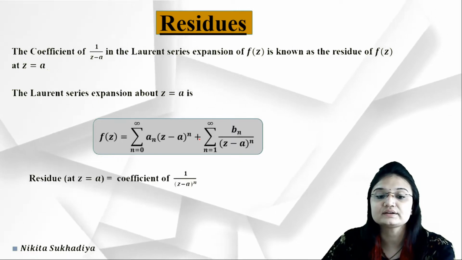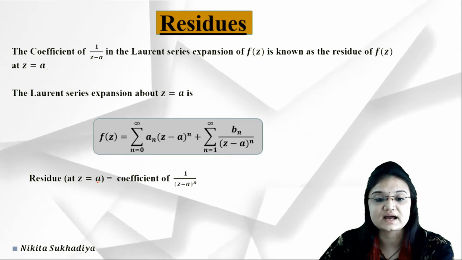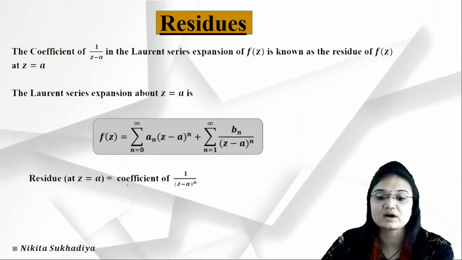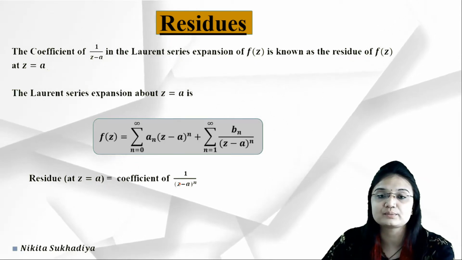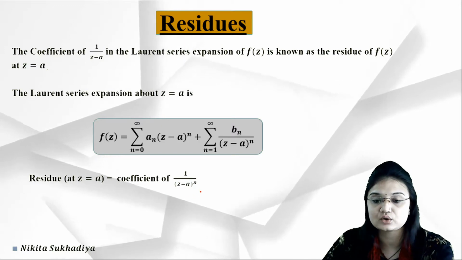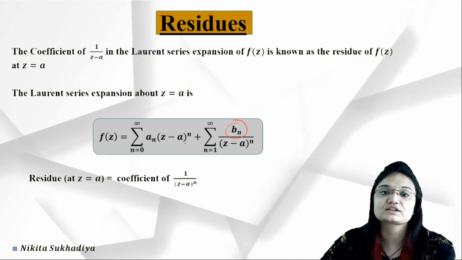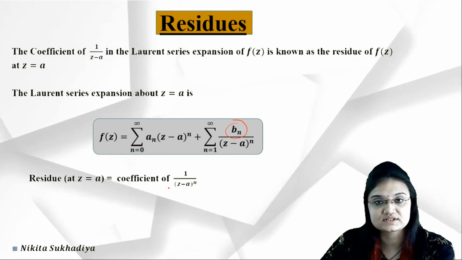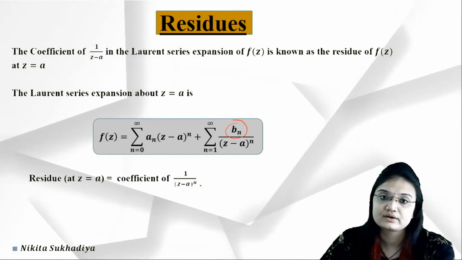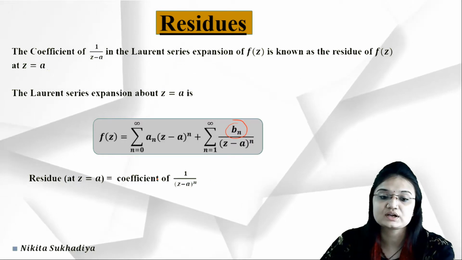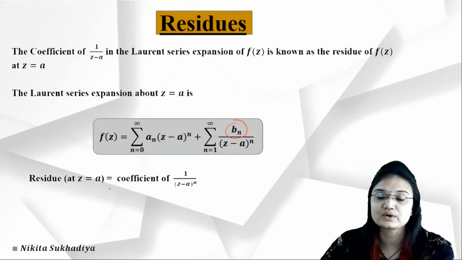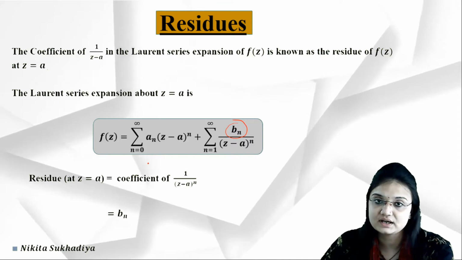Where residue at z is equal to a is nothing but the coefficient of 1 upon z minus a, that is b 1. So residue at z is equal to a is nothing but b 1.